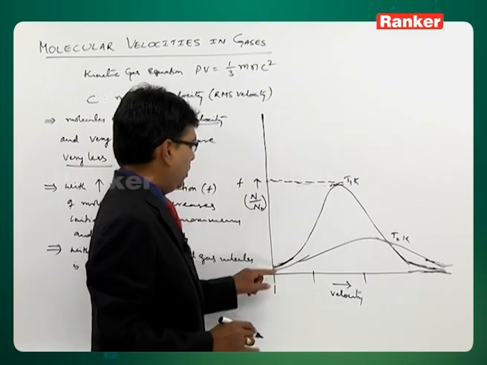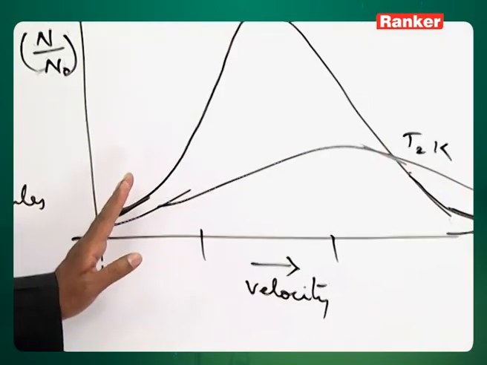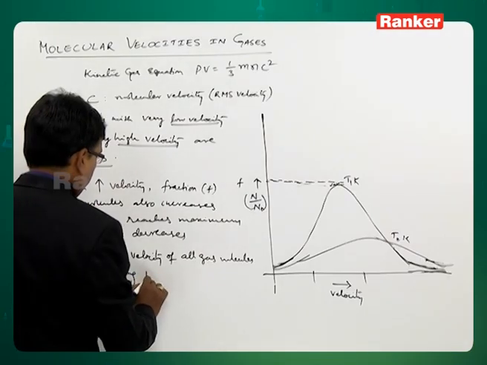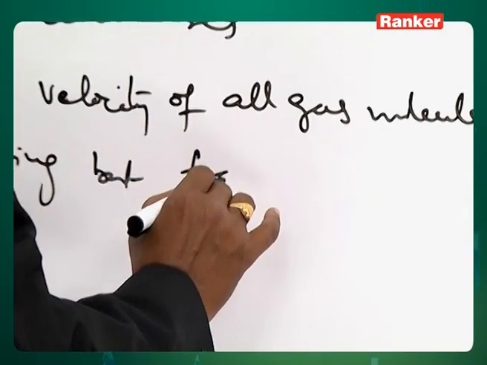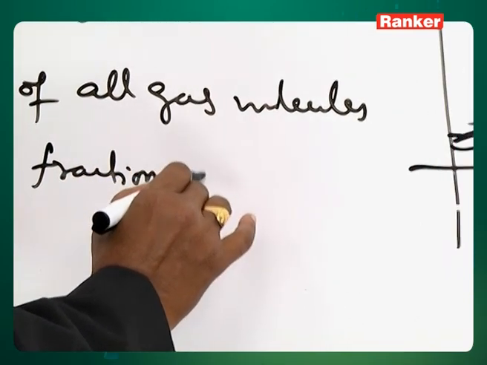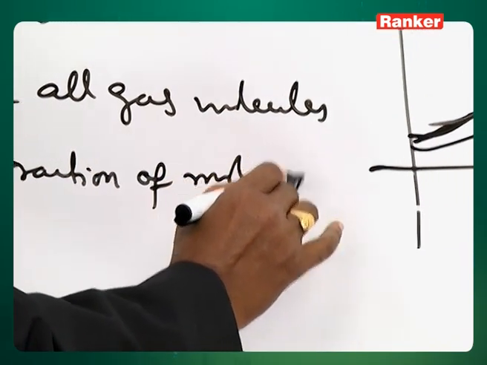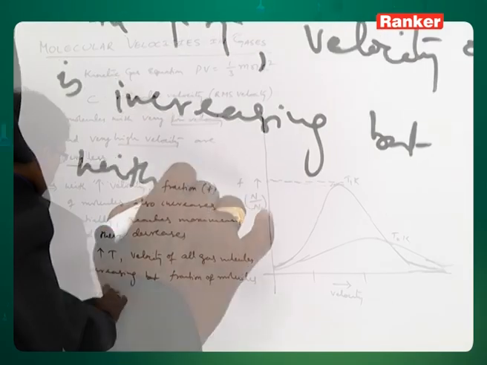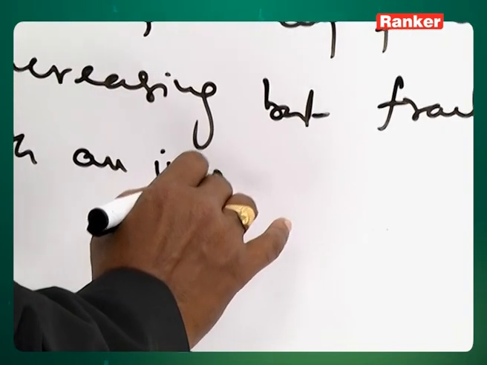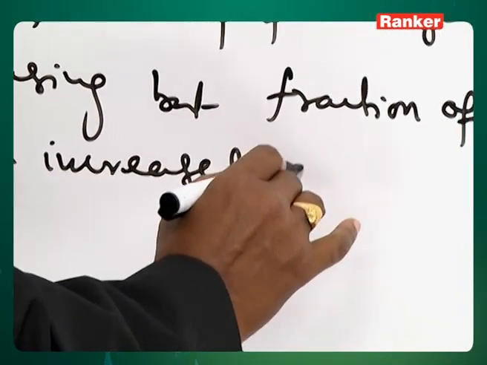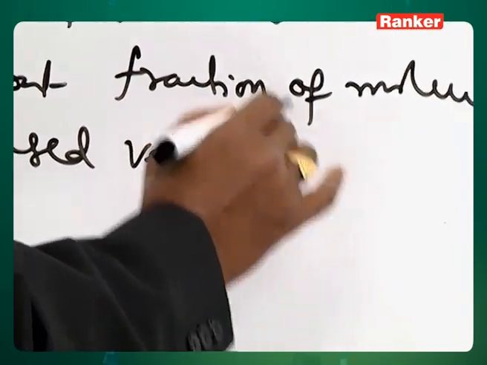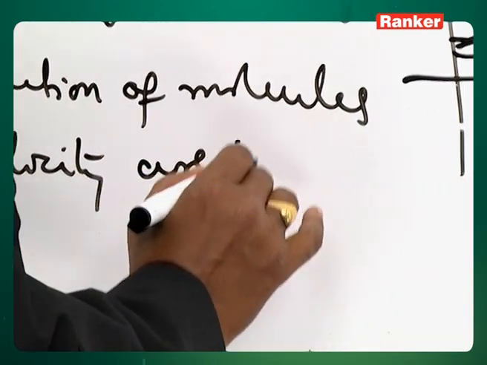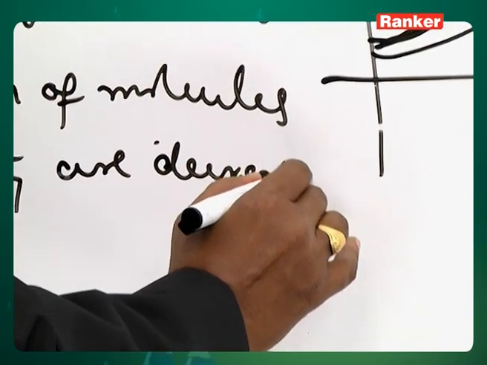No doubt that for the maximum fraction you have an increase in velocity, but at the same time the fraction of molecules with an increased velocity is decreasing.